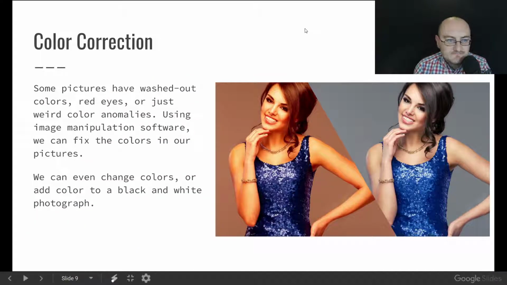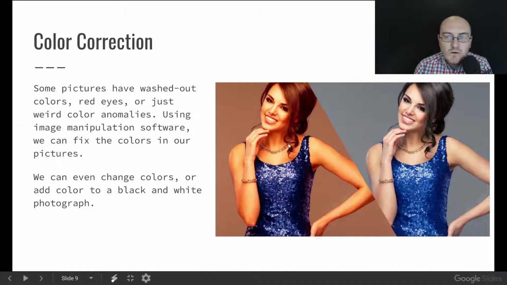Color correction. Some pictures, the color is wrong, right? The colors are all washed out. There's red eye in the picture. Just weird color fragments, color anomalies that just don't look great. Using Photoshop, we can actually change the colors of any image. This one is not great looking over here.